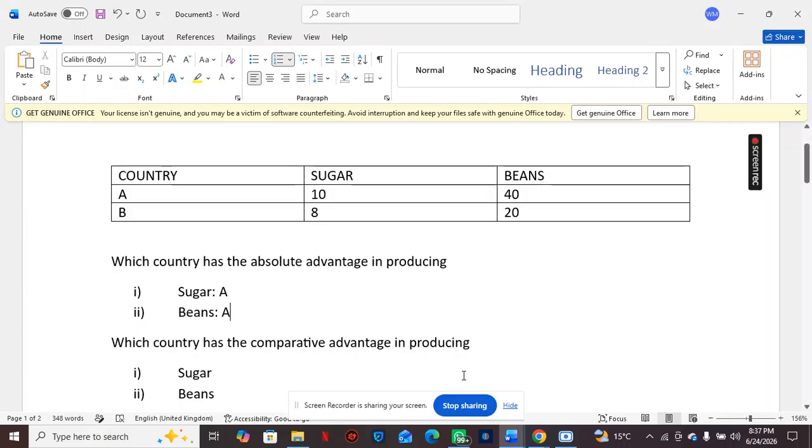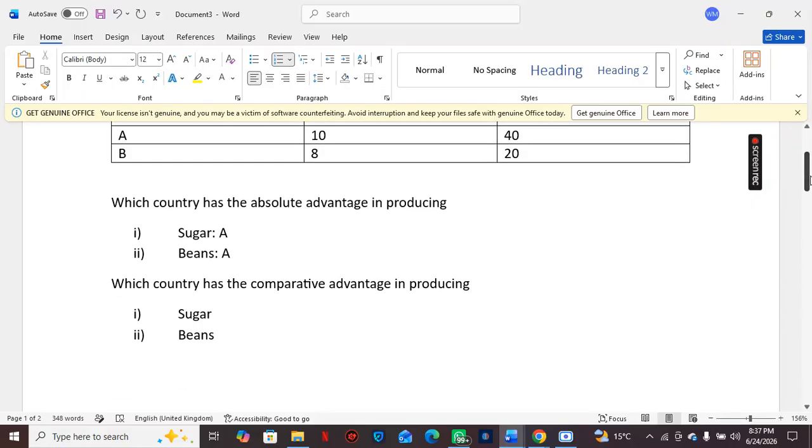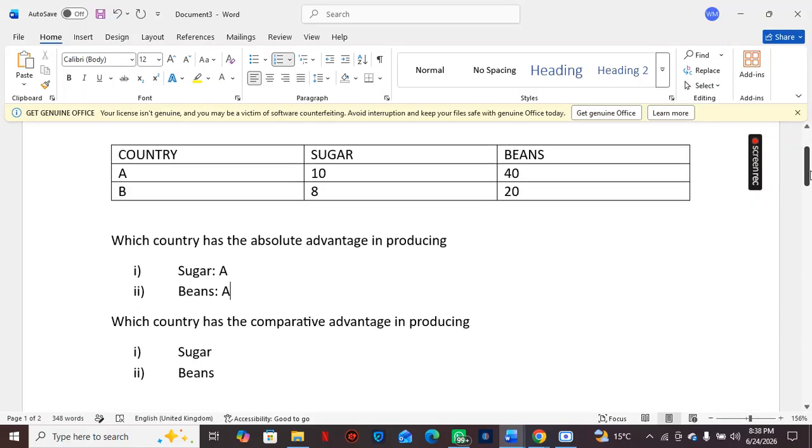All right. So comparative advantage: which country can produce a good with the lower opportunity cost? Right, so this is the formula for opportunity cost.